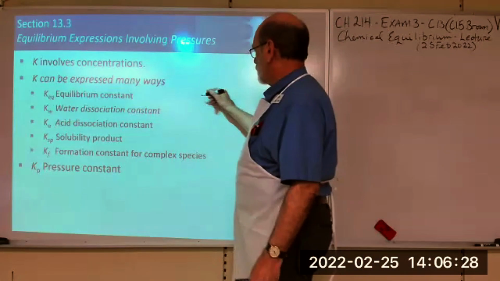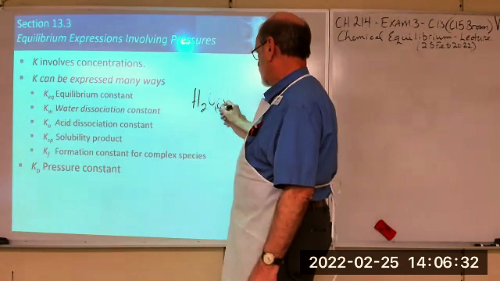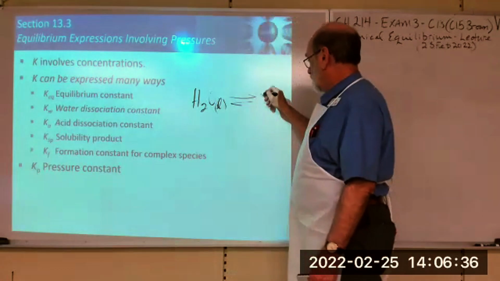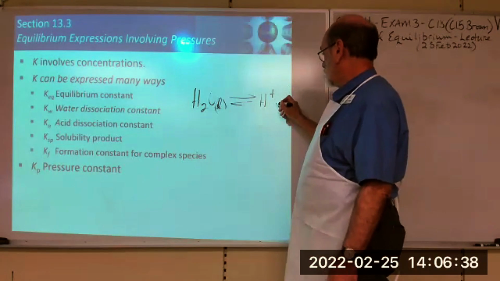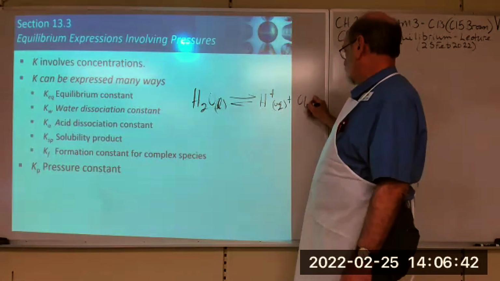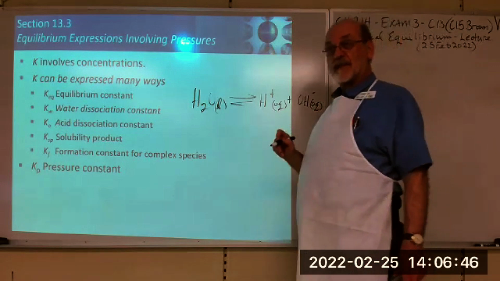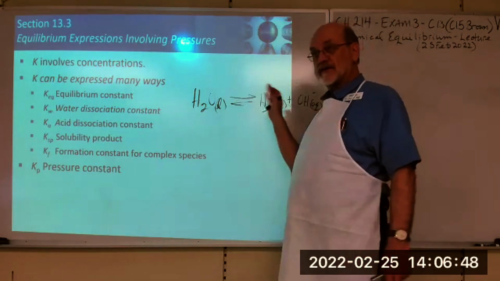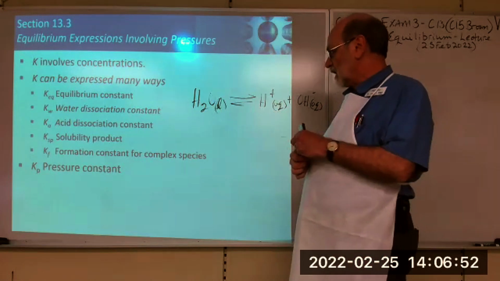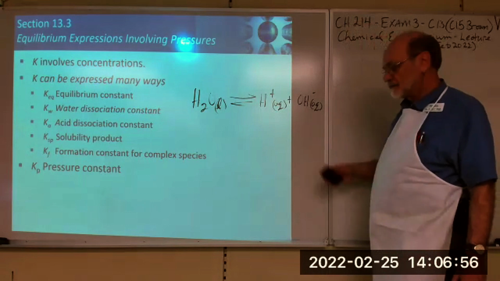If water, which is a liquid, breaks apart into this and this, that's dissociation. It goes both ways, and there's a constant associated with that. We'll get into that in more detail when we talk about acids and bases.